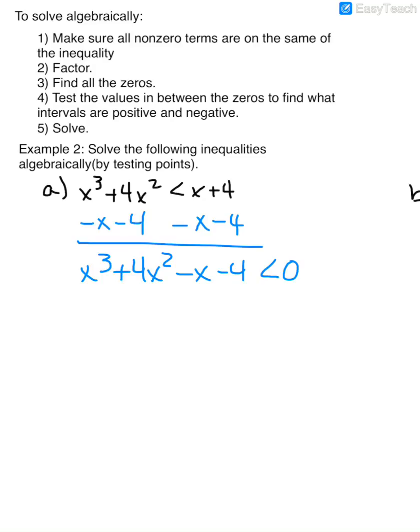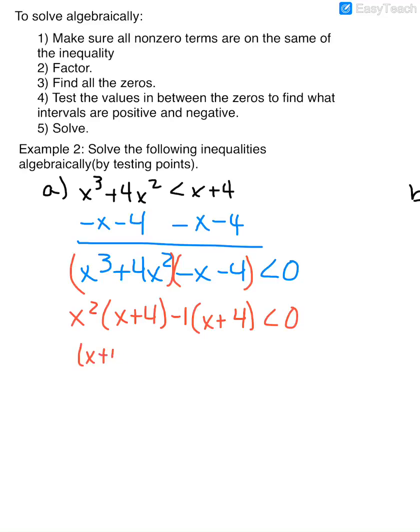Now here it's got 4 terms, so it looks like I could group if I'd like to, which I will. So then that gets me x squared times x plus 4. That leaves me, taking out a negative 1, with x plus 4. So it looks like my parentheses match. So I factor out the x plus 4, which leaves me with x squared minus 1.